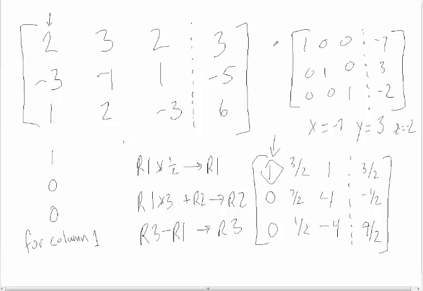Because this first row represents, if we have columns x, y, z, and equals, we've got 1x plus 0 equals -7, 1y equals 3, and 1z equals -2. So that's what we might see with Gauss-Jordan and augmented matrices.